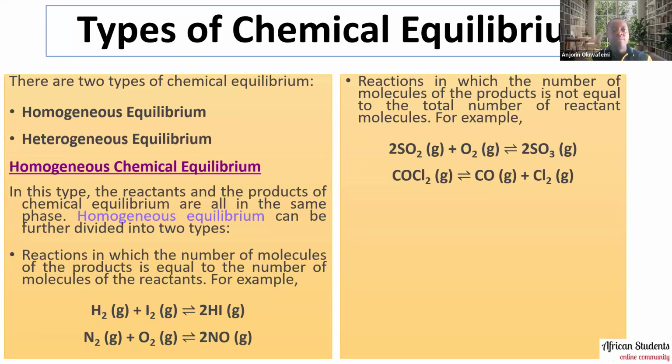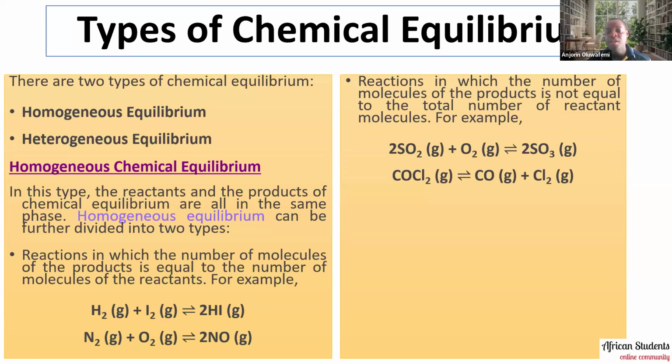There are basically two types of chemical equilibrium. We have the homogeneous equilibrium and the heterogeneous equilibrium. In homogeneous chemical equilibrium, the reactants and the products are all in the same phase. Homogeneous equilibrium can be further divided into two types.